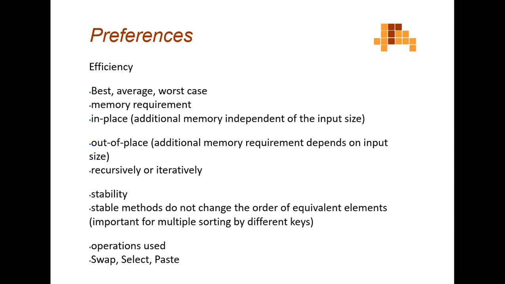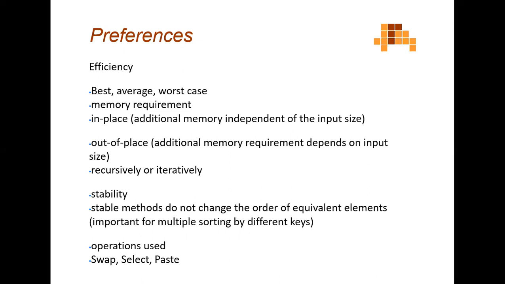Second component, as we all know, what's the memory consumption? You can have the best algorithm in the world, but the memory consumption can be just bad. So please be advised that memory consumption is important. Is your algorithm working inside your data? Does it have to store the data somewhere else?